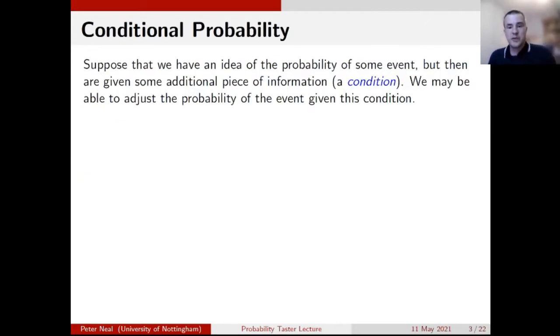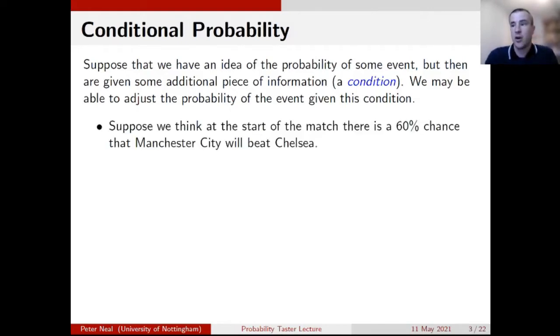I'm going to start with the idea of conditional probability. We have a probability of an event, a way of measuring how likely something is. For example, sticking with football, we might have the probability of Manchester City beating Chelsea, if we're thinking about the Champions League final coming up, and we might say we think there's a 0.6 probability, or 60% chance, of Man City winning.